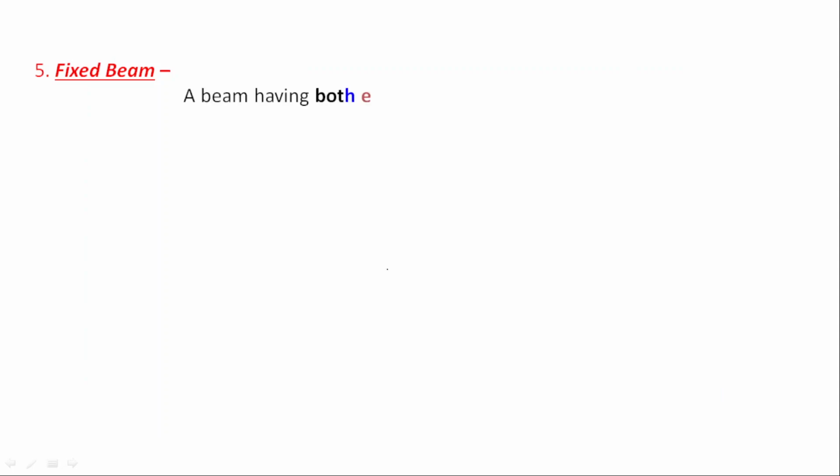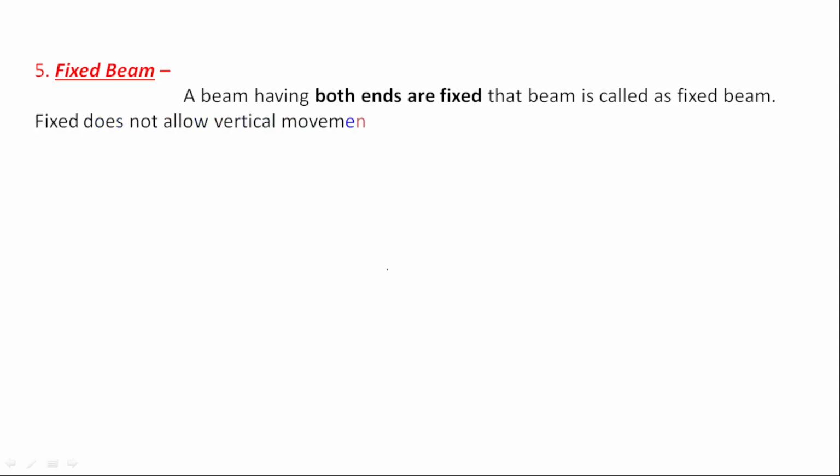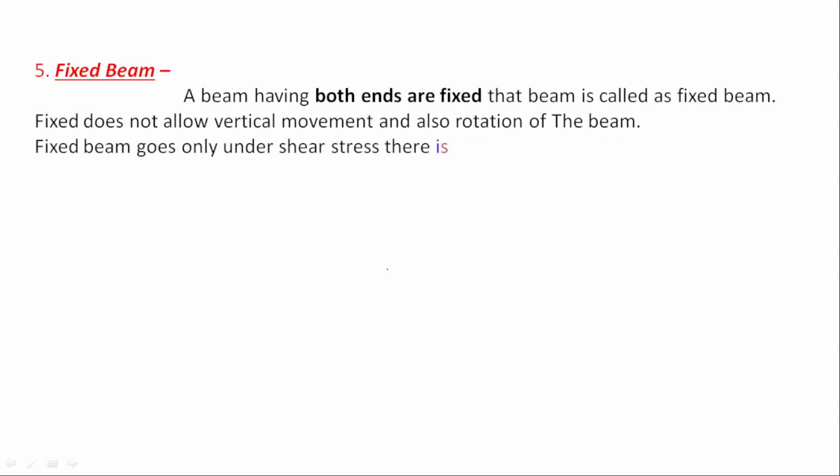Fixed beam. A beam having both ends fixed is called a fixed beam. Fixed does not allow vertical movement and also rotation of the beam. A fixed beam goes only under shear stress. There is no movement produced in the beam.